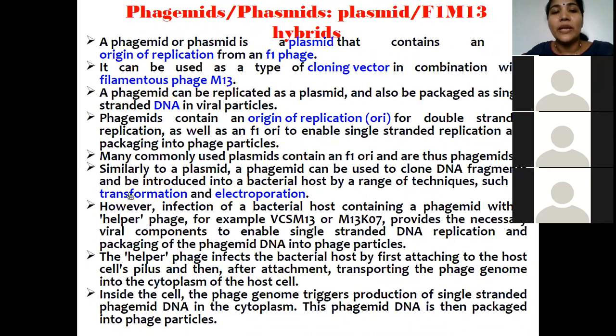Many commonly used phagemids contain an origin, which is what I just said. It has the origin of replication for double strand and also for single strand, which comes from the phage. Many commonly used phagemids contain an F1 ori. Similarly to plasmids, a phagemid can be used to clone DNA fragments and be introduced into bacterial hosts by a range of techniques such as transformation and electroporation.